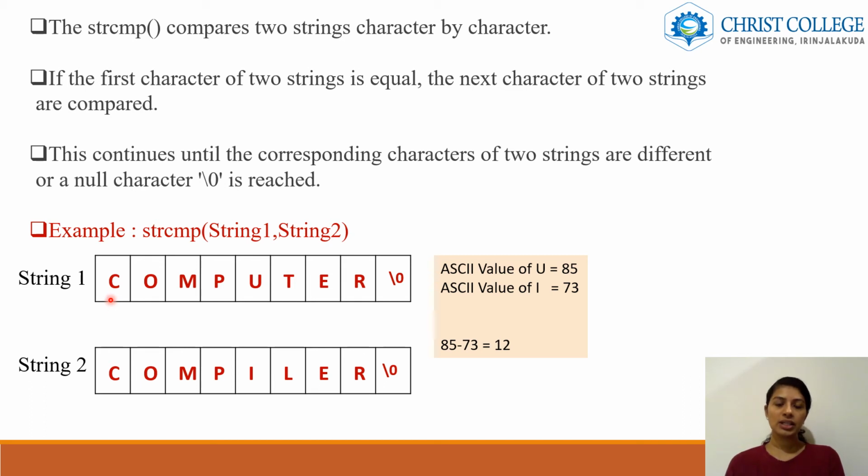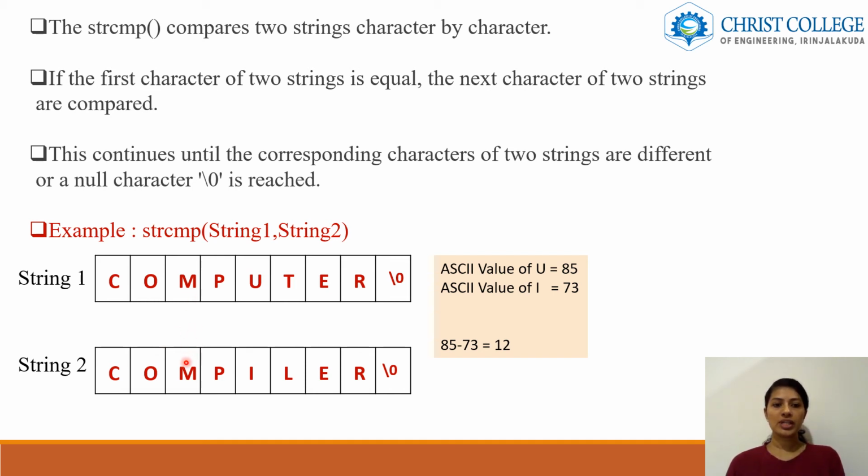In string 1, in the 0th position we have C. In string 2 also, in the 0th position, the character is C. So when these two characters are compared, they are equal. So the comparison will be done from the next position. In the next position, in both the strings, the characters are the same. Now the comparison will be done in the second position.